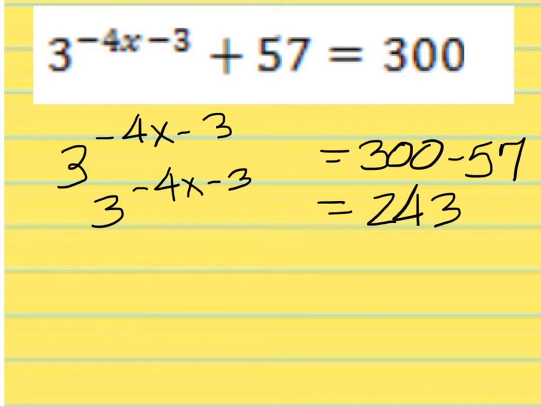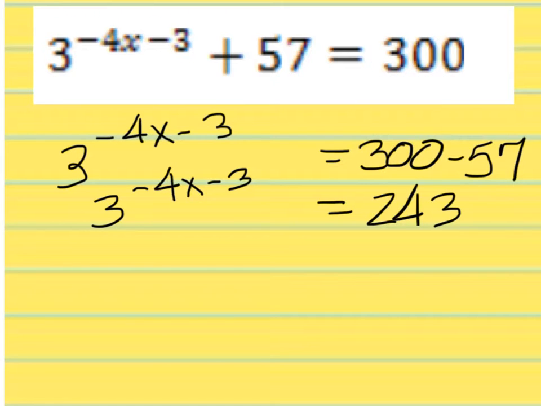Now you have two options here. One, if you recognize that this is a power of this, then you can do it like we did last week. If not, then you have to do it the way we're doing it this week. So is 243 a power of 3? How many times would you have to multiply 3 to get 243?